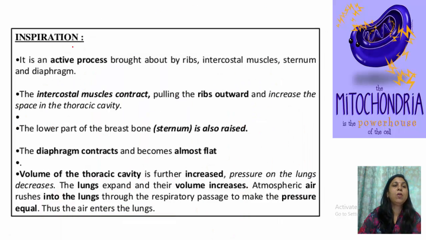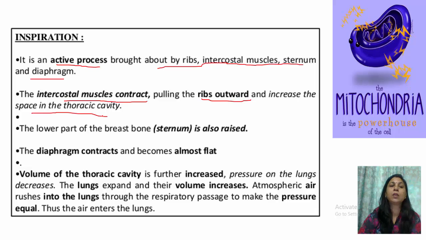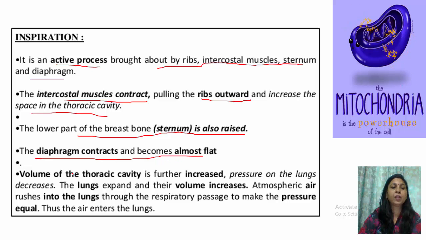Now inspiration or inhalation. It is an active process brought about by the ribs, intercostal muscles, sternum and diaphragm. The intercostal muscles contract, pulling the ribs outward and increasing the space in the thoracic cavity. The lower part of the breastbone, that is the sternum, is also raised. The diaphragm contracts and becomes almost flat.